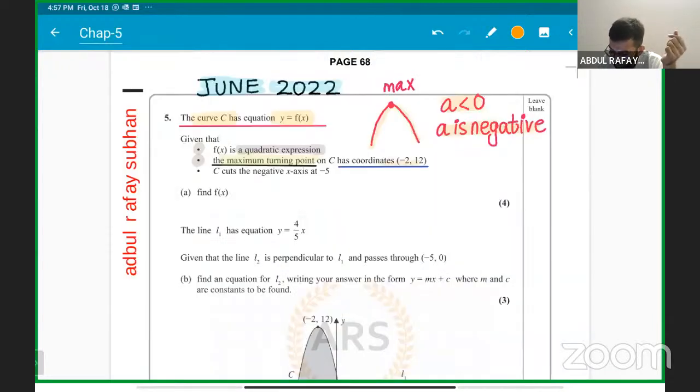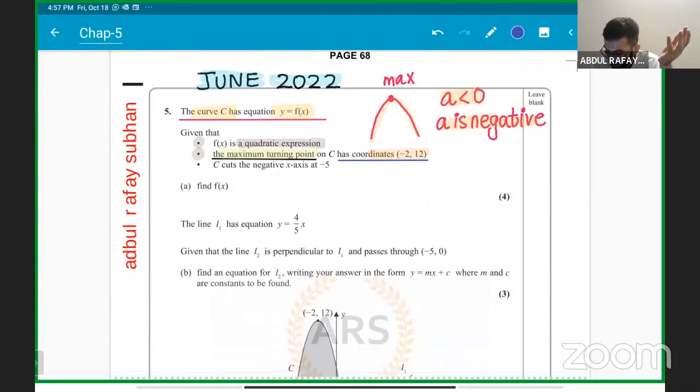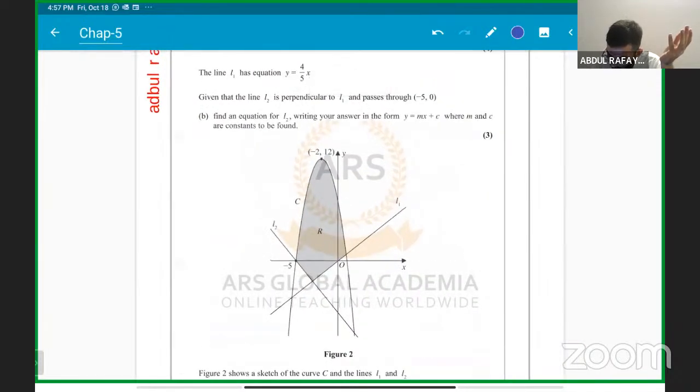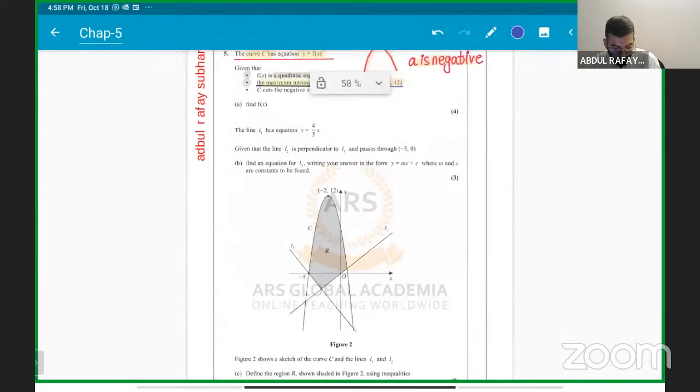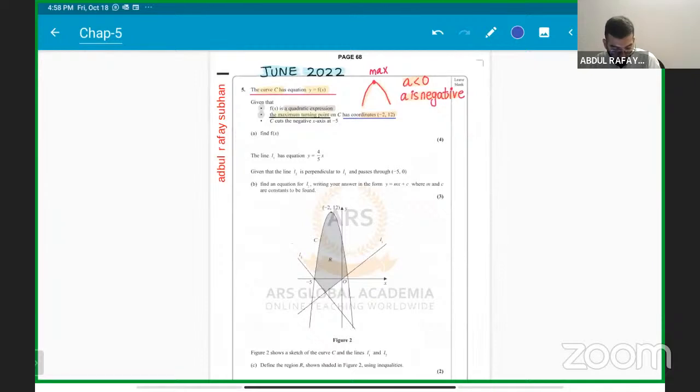The third thing was that it has coordinates -2, 12. The coordinates of the turning point are given. What does it mean, students? You can see it written here: the turning point coordinates are given, which is -2, 12. Is everyone with me, getting it, guys? Clear? Any questions, any doubts? Very important learning, students.